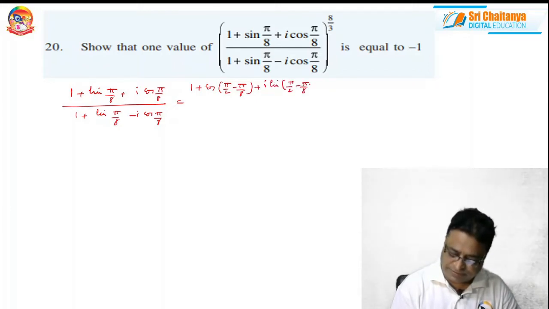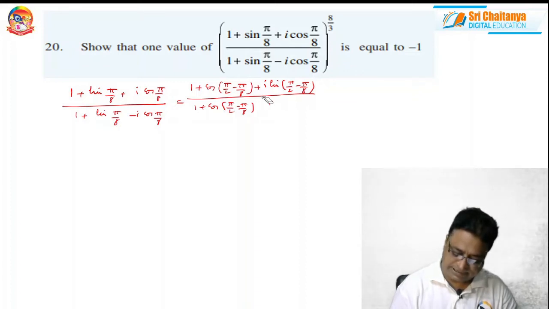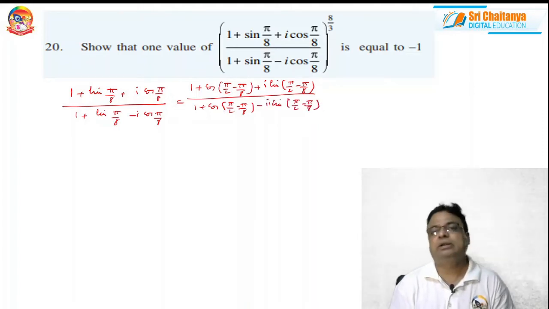This is the golden step here. And again here also, 1 plus cos(pi by 2 minus pi by 8) plus i sin(pi by 2 minus pi by 8). Clear?